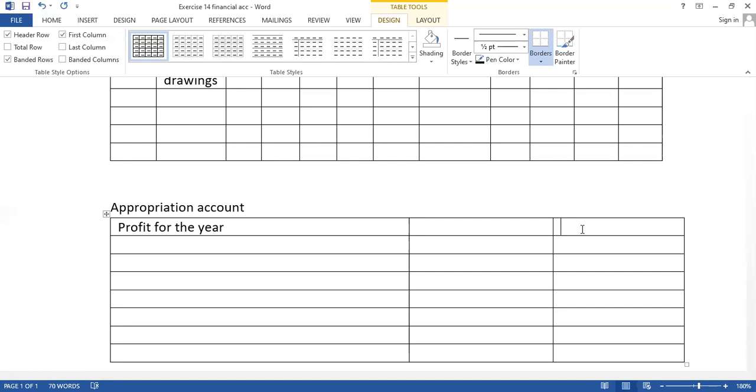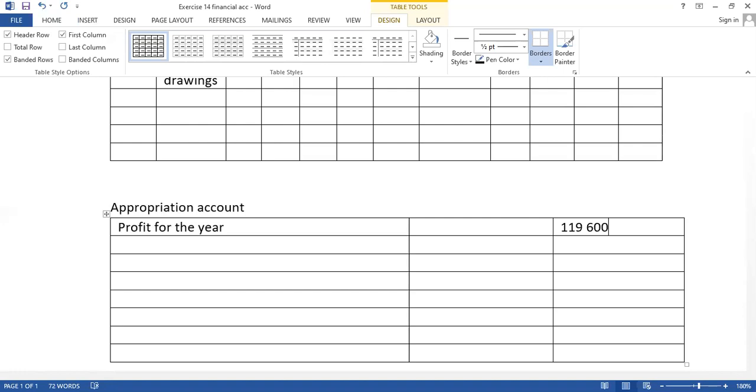It's 119,600. So 119,600 is the profit for the year.